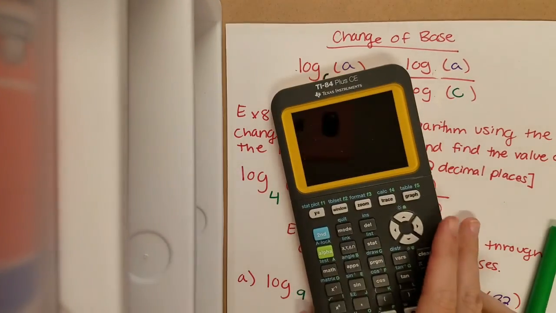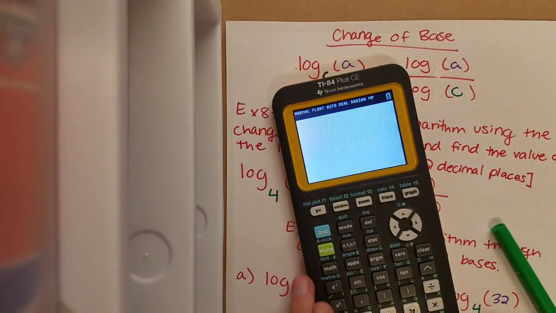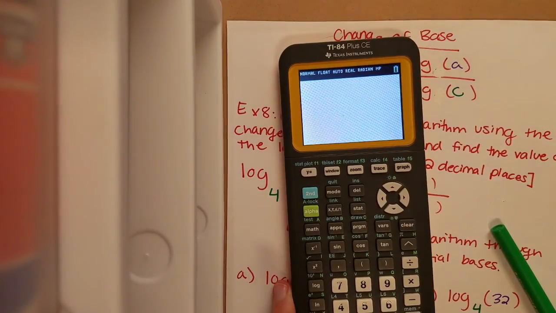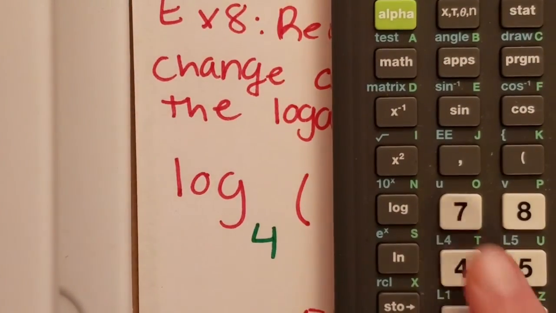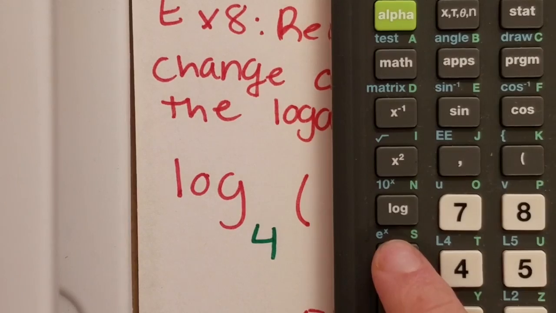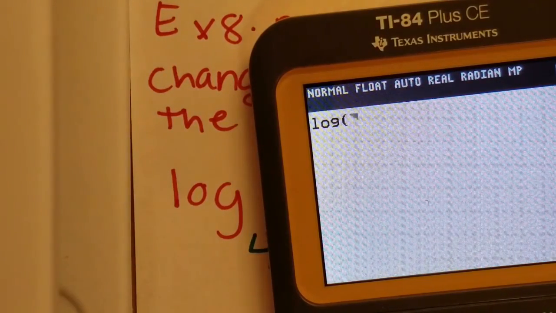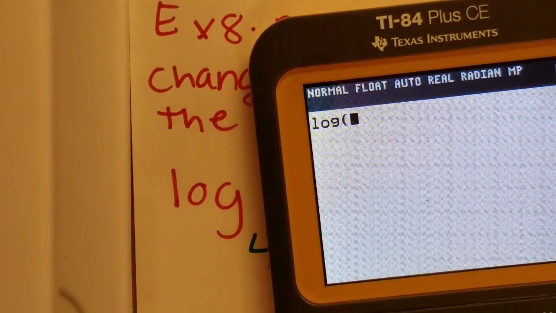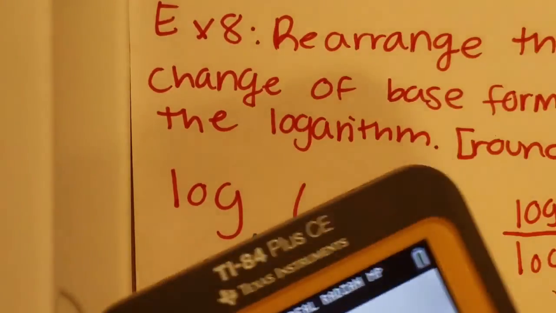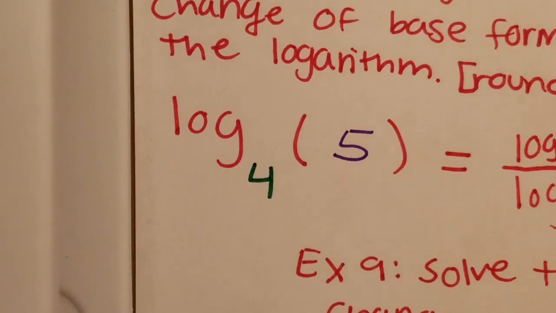On your calculator, you still have the option to work in base 10. If you notice this nifty log key beside 7, if you click that key, log without a base pops up, which means it is base 10. So I could type it in like it's written over here.